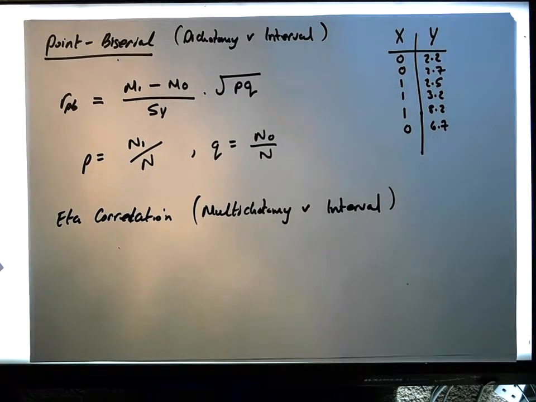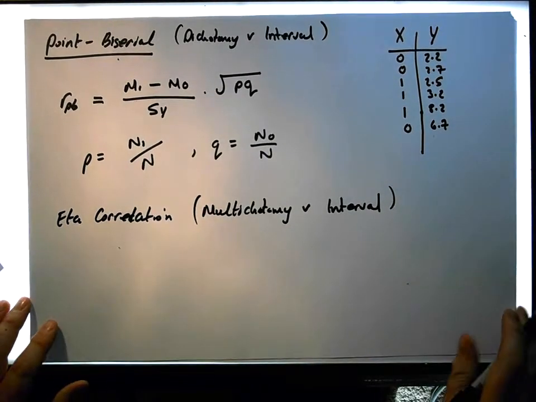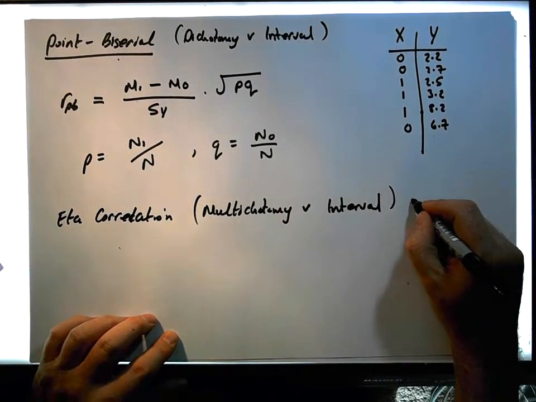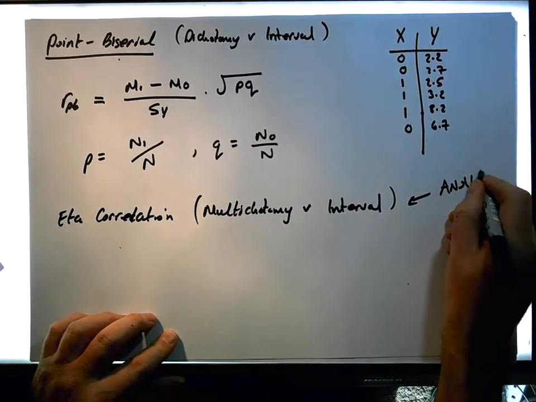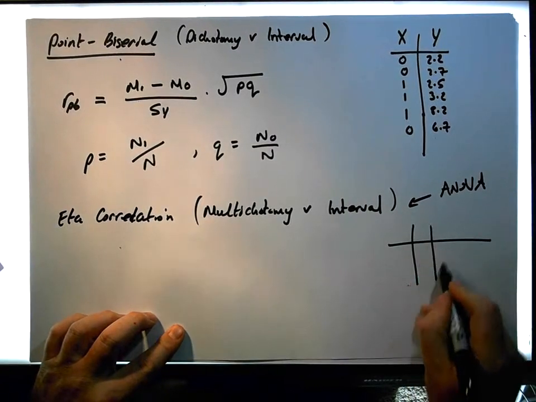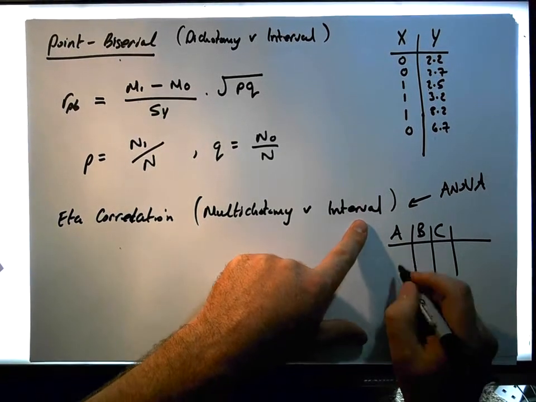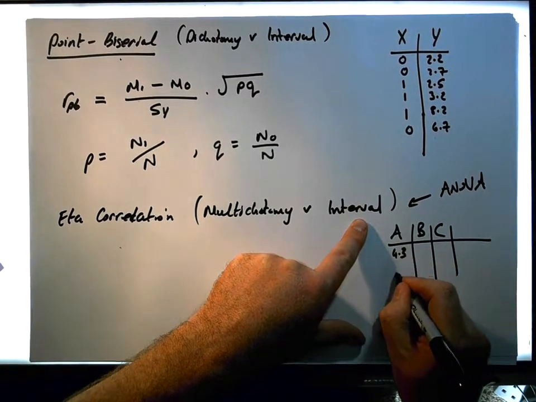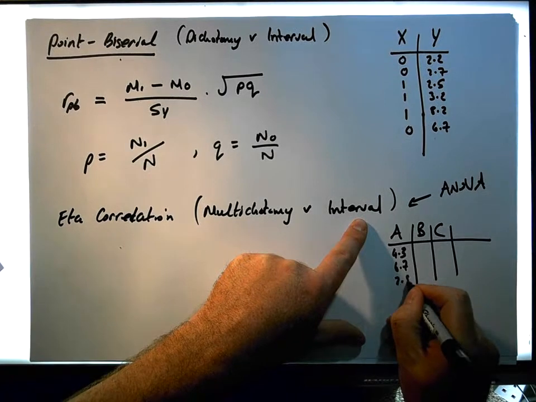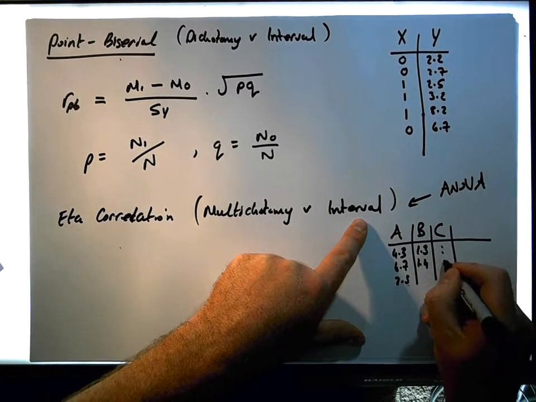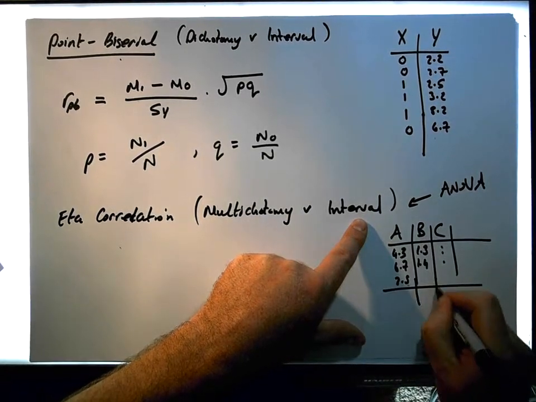If you think about it, let's go back to an ANOVA, maybe where we have three groups, A, B, and C, all measured on a dependent variable: 4.3, 6.7, 2.5, 1.3, 1.4, who knows yet. We've got all of these measures within the groups.